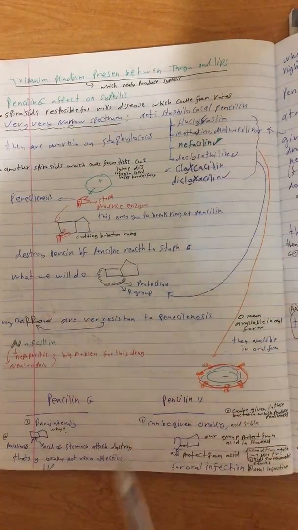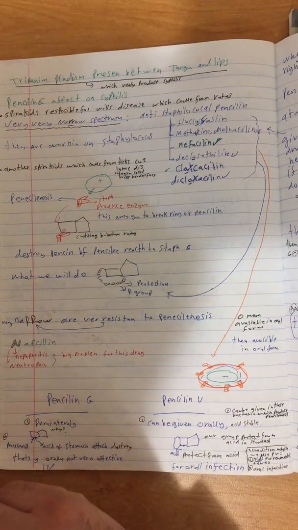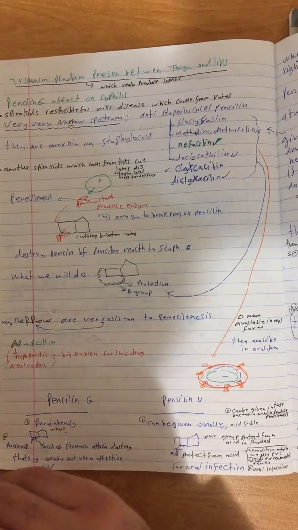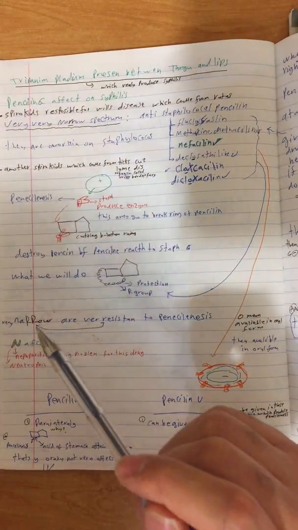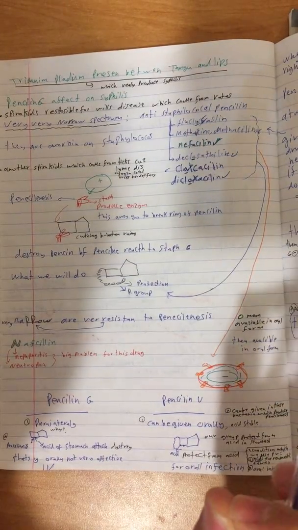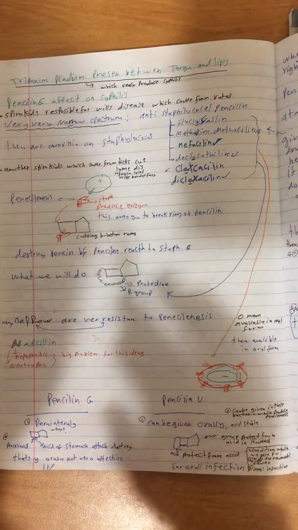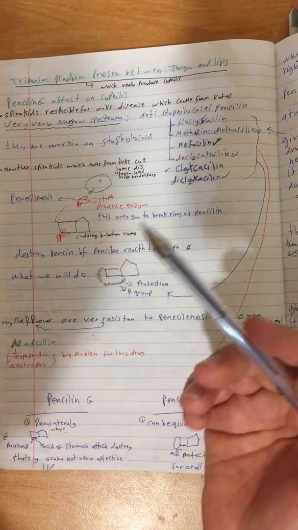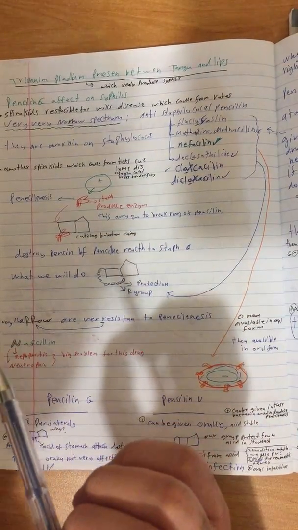When we start killing staphylococcus with penicillin, staphylococcus starts producing penicillinase, a special gun for protecting itself.